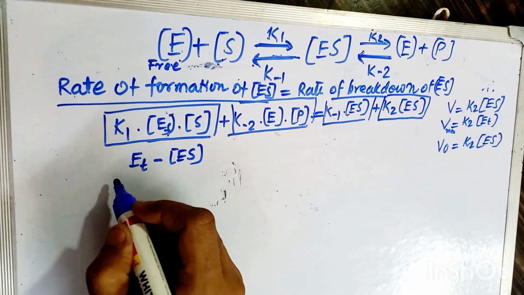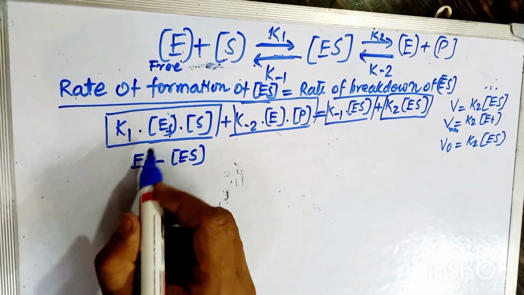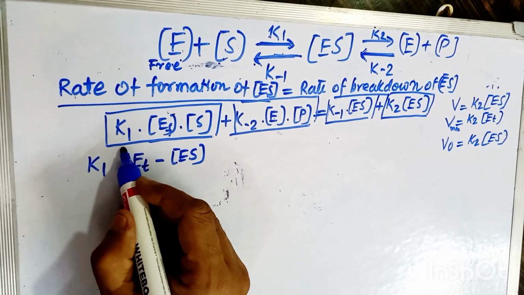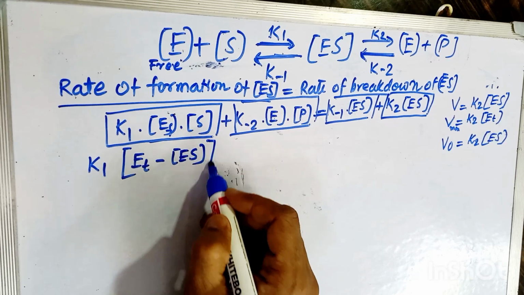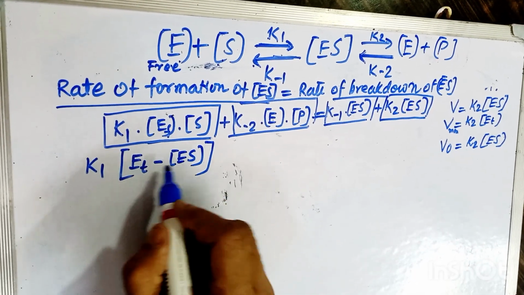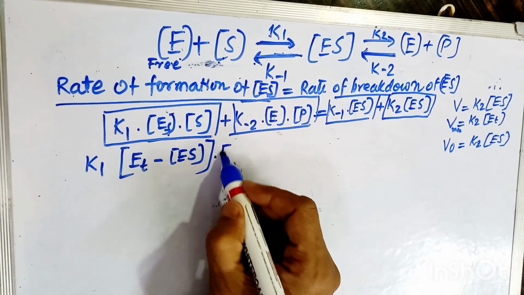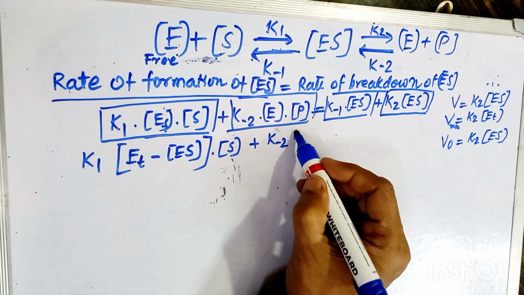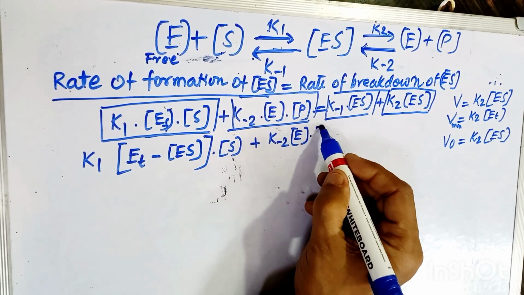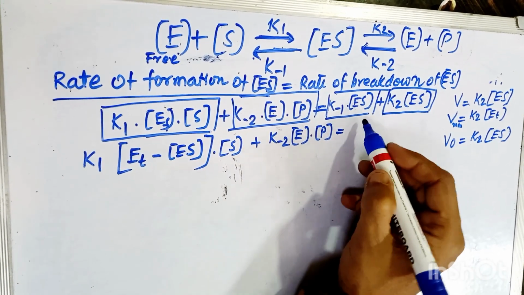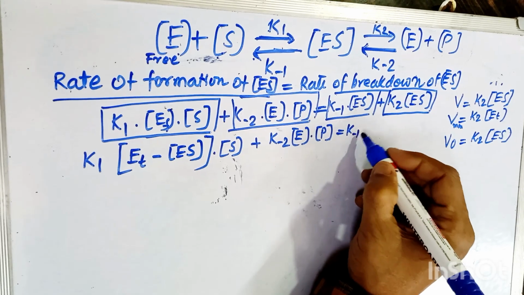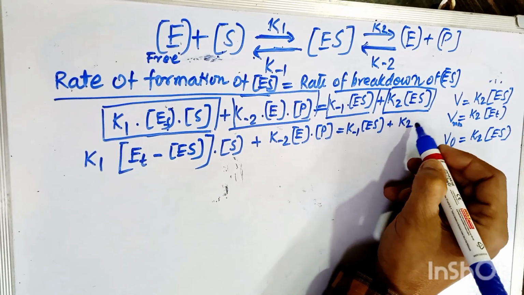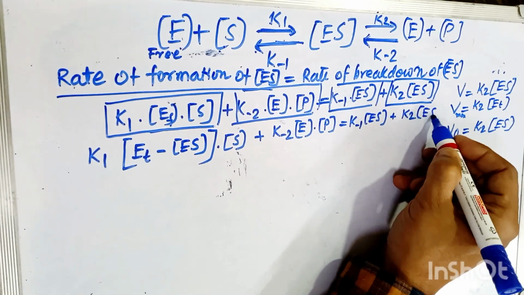Now I will go into breaking down this part. It is K1 into, this free E is ET minus ES, into S, plus K minus 2 E into P, is equal to this part, K minus 1 ES plus K2 ES.